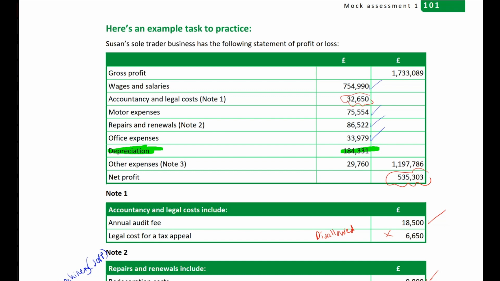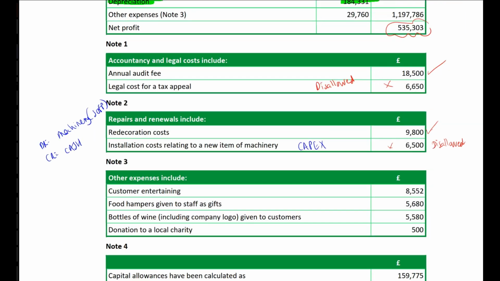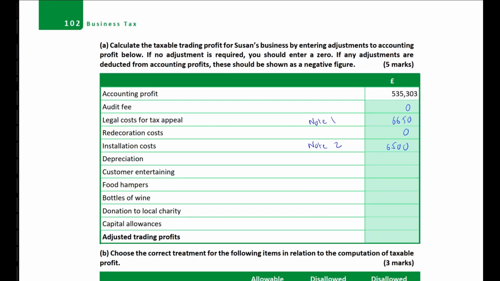So depreciation must be added back simply because the taxpayer can choose their own depreciation policy and HMRC don't really like that. So they want us to add back all the depreciation, increasing the profit by the depreciation amount. And you can see a little bit later, we get what we call sometimes the tax adjusted depreciation.